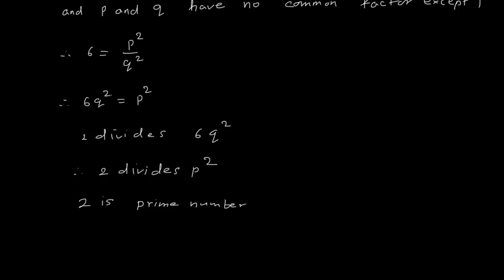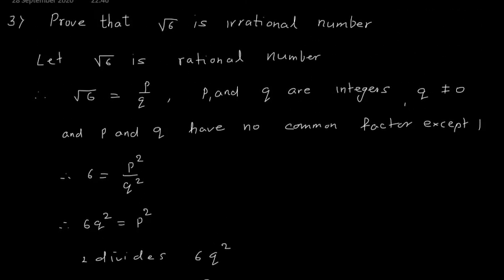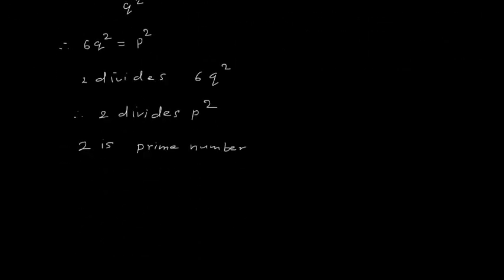Now here please note that I have written p and q are integers. This statement I missed in previous problems, so kindly mention this also, that p and q are integers, right? Okay. So here 2 is a prime number. Therefore 2 divides p. So therefore I can say that p is equal to 2m.